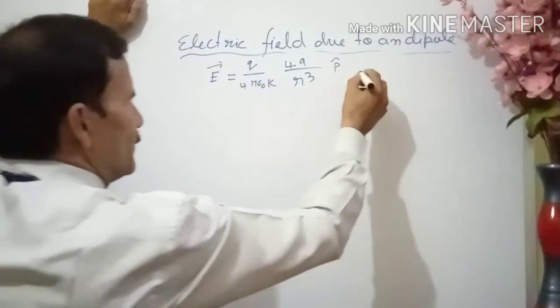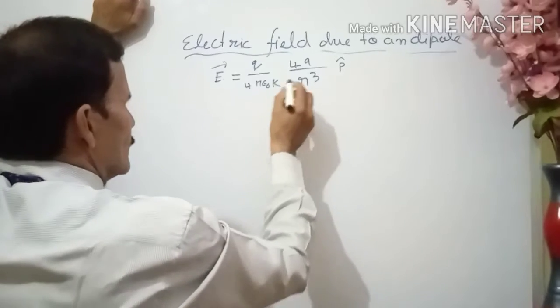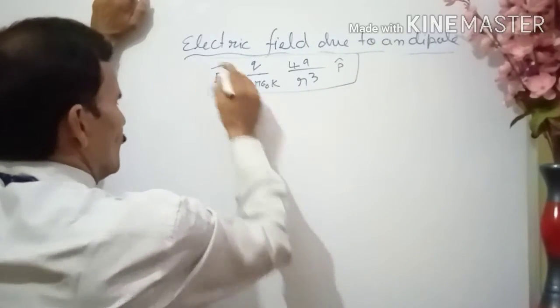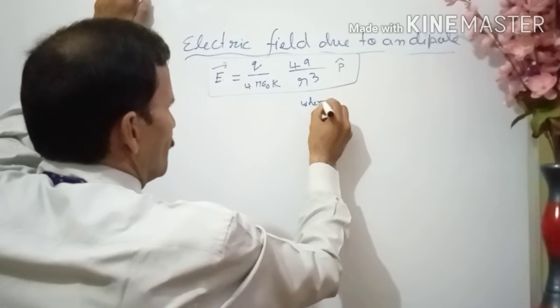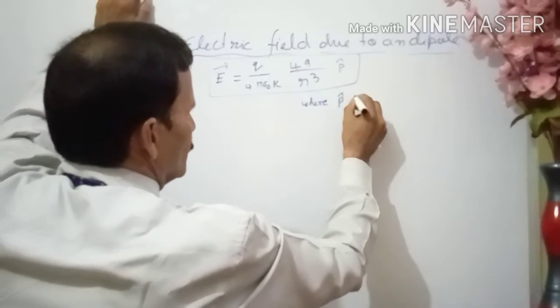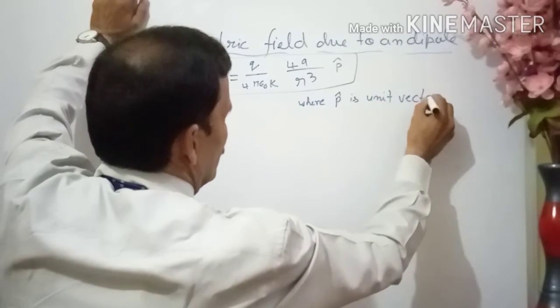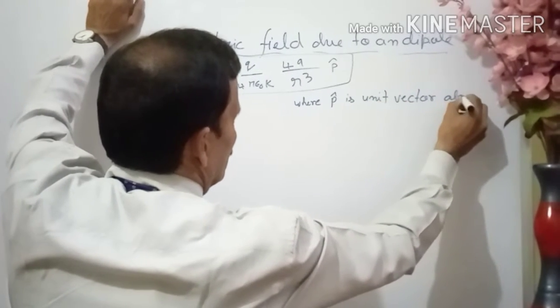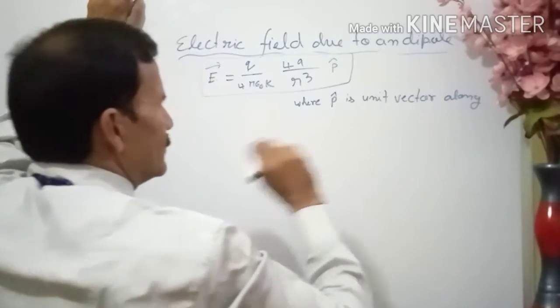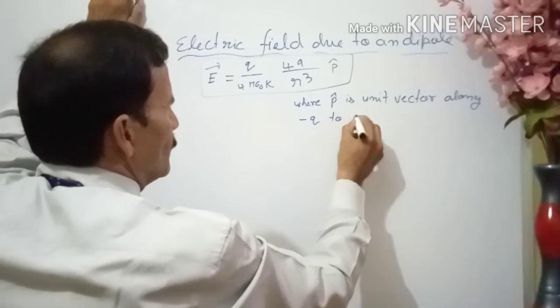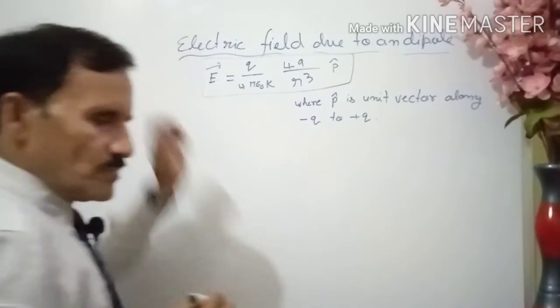p cap is a unit vector along p, that is from minus q to plus q charge.